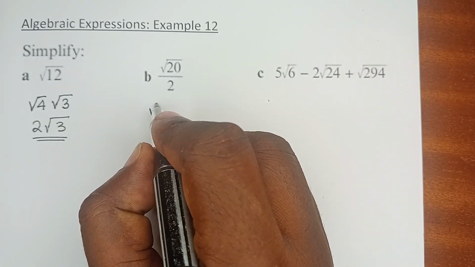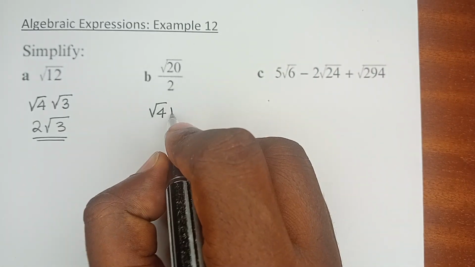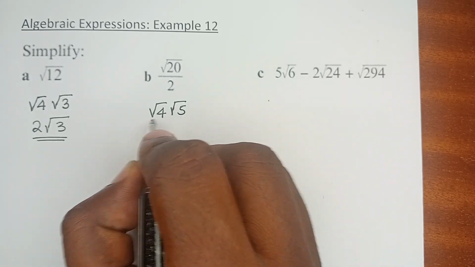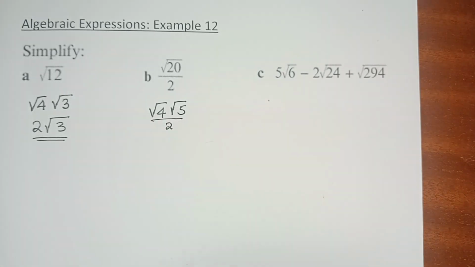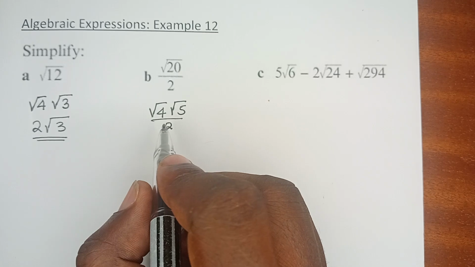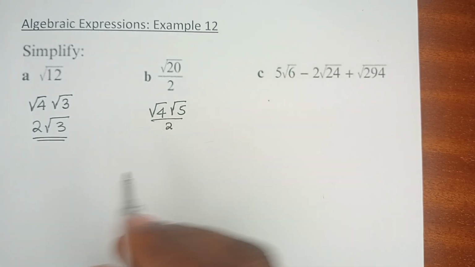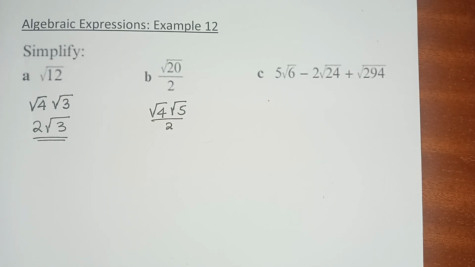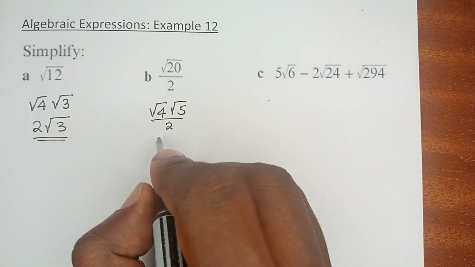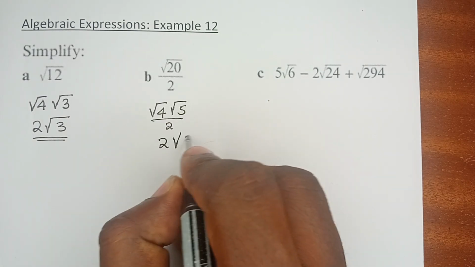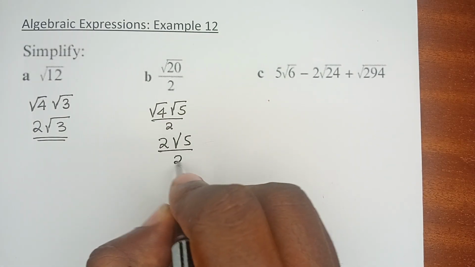So you're going to have the square root of 4 times the square root of 5, everything over 2. This is already becoming 2 root 5, because the square root of 4 is 2, so 2 root 5 everything over 2.